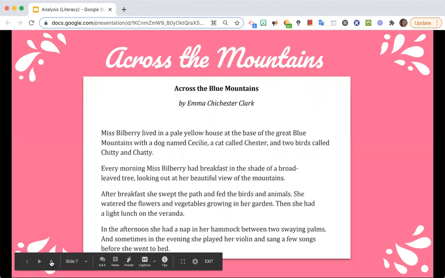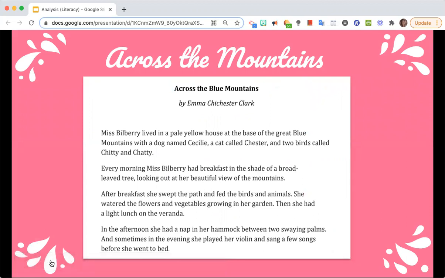I'm going to tell you a little story. Miss Bilberry lived in a pale yellow house at the base of the Great Blue Mountains with a dog named Cecily, a cat named Chester, and two birds called Chitty and Chatty. Every morning, Miss Bilberry had breakfast in the shade of a broadleaf tree, looking out at her beautiful view of the mountains. After breakfast, she swept the path and fed the birds and animals.